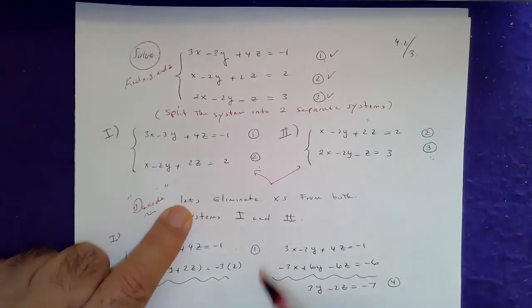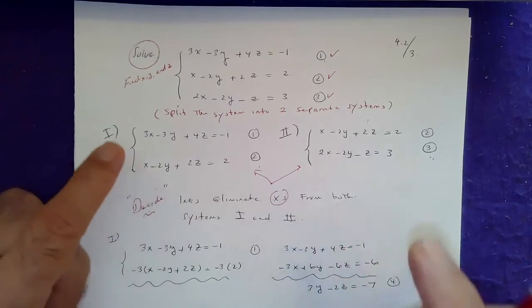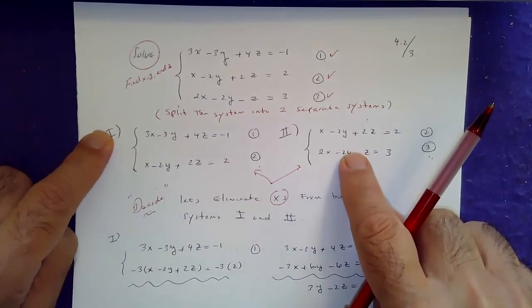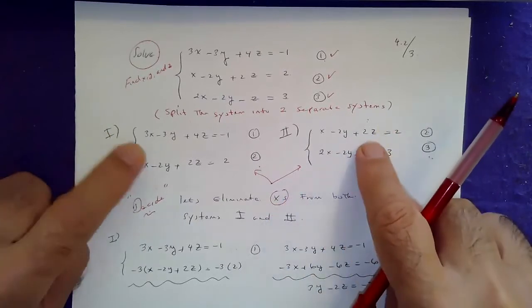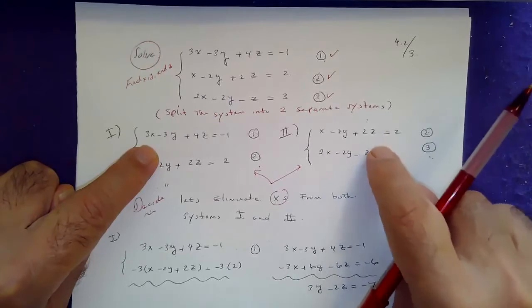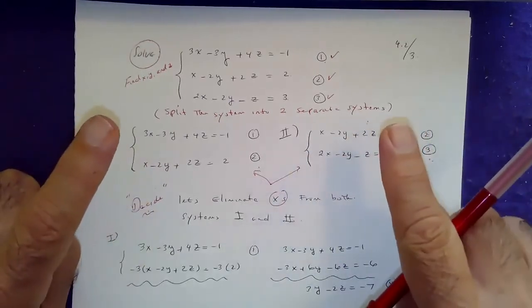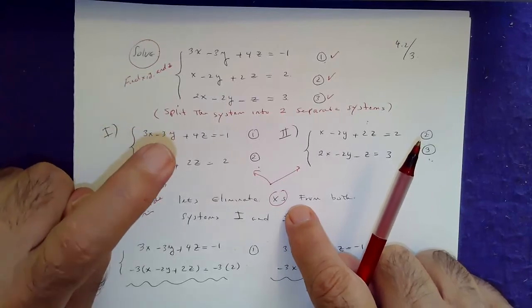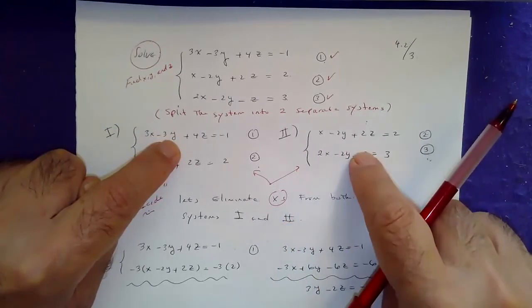I decided to eliminate x's from system number 1 and 2. So remember, whatever you decide to eliminate here, the same variable gets to be eliminated there. You can't change your mind. So I decided to wipe out the x's here and here as well.